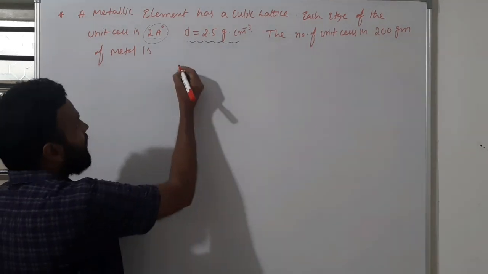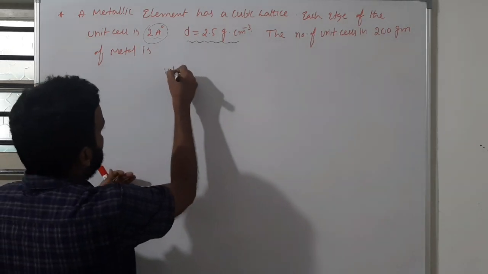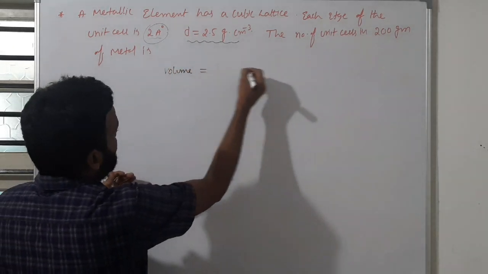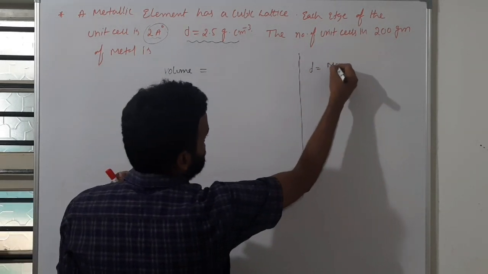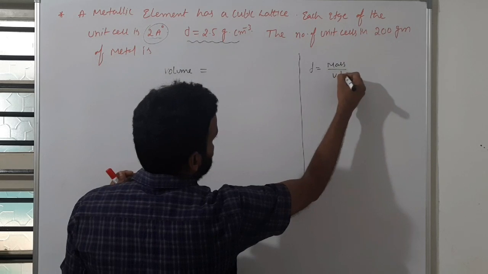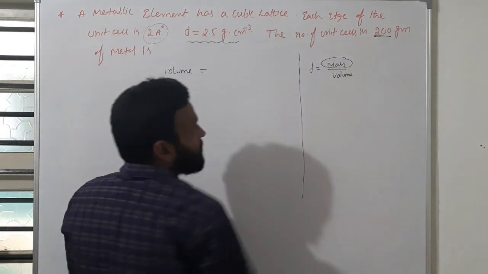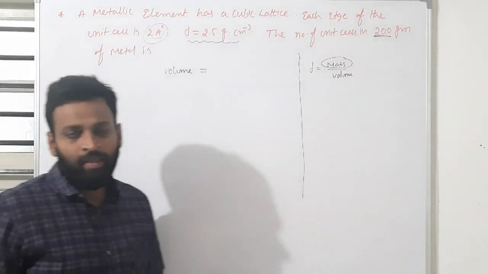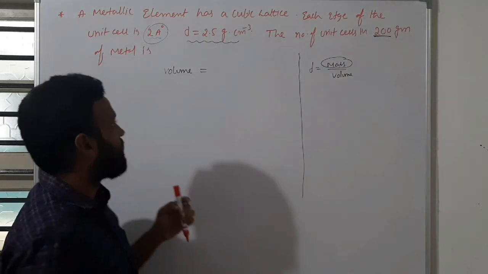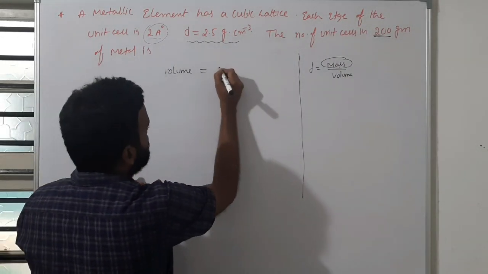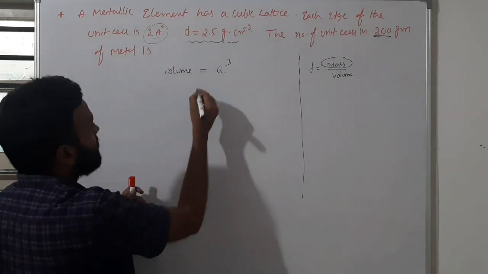So simply you have to consider volume. What is volume? So that you can find mass using density. Density formula: density is equal to mass by volume. So this mass and that mass relation you can have. Following everyone? Volume is A cube because edge length was given.